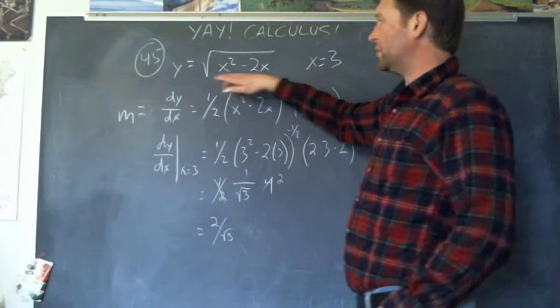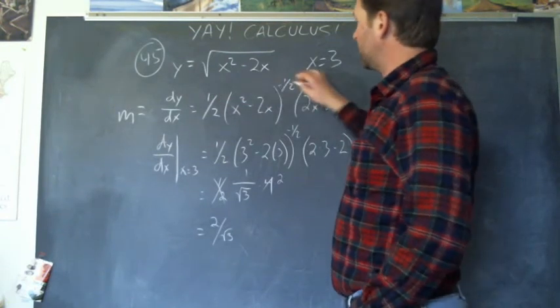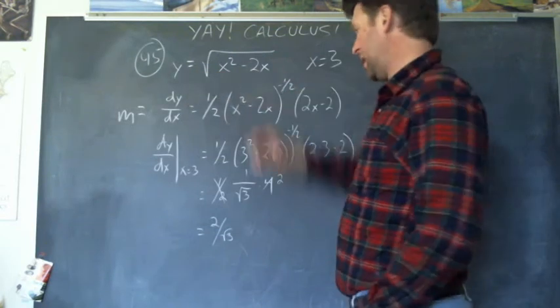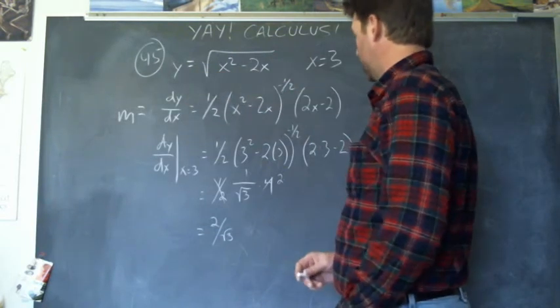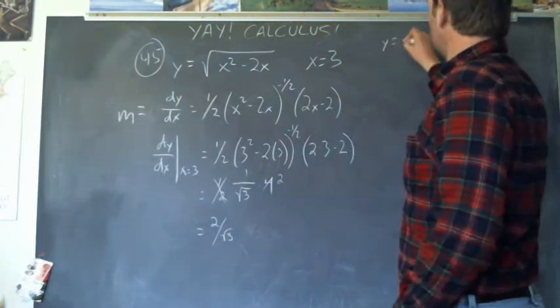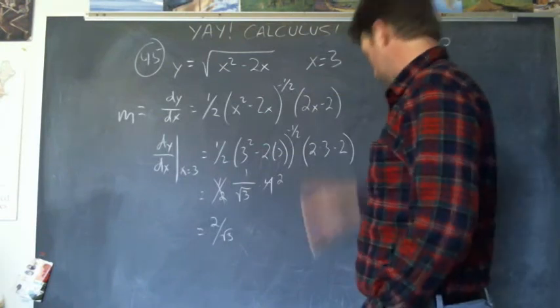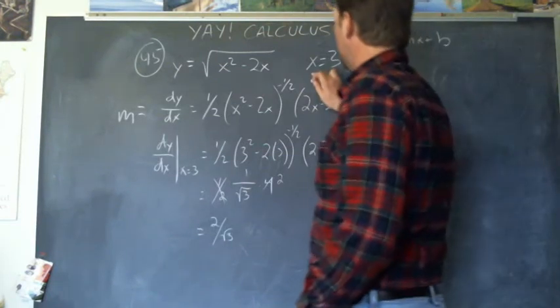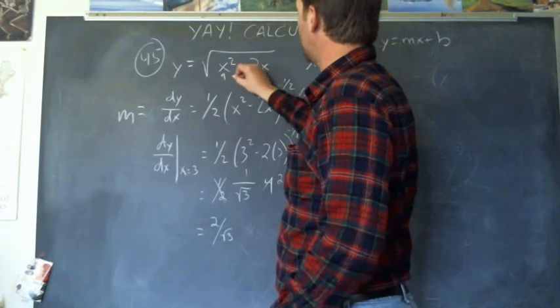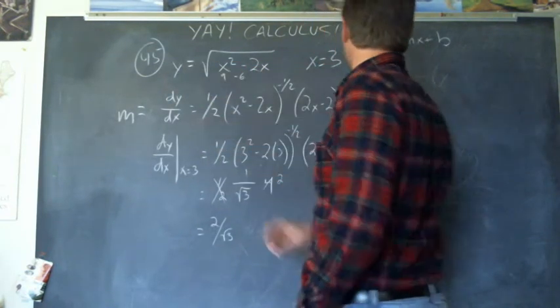The y we're going to use, if we're at this point, x equals 3, is the corresponding y on the line. And we have our tangent line slope there. So we'll look at y equals mx plus b. To find our y, if we evaluate at 3, there's going to be 9 minus 6, so the square root of 3 is equal to y.